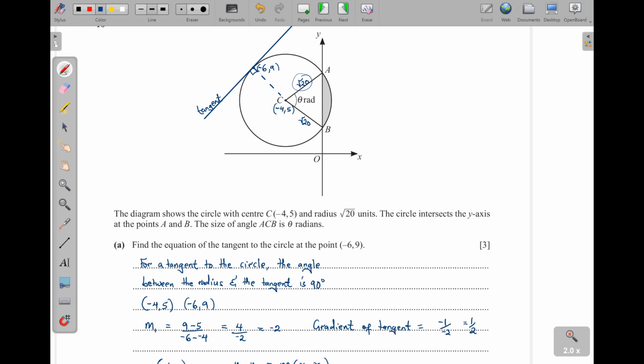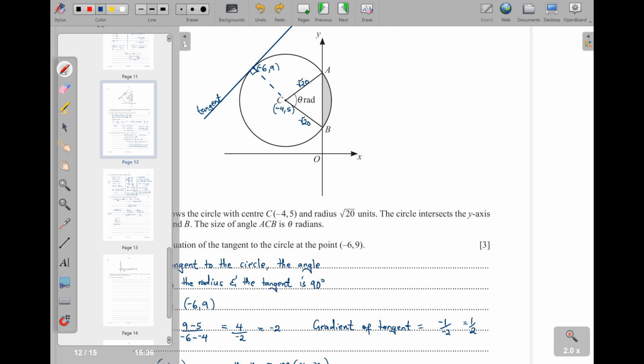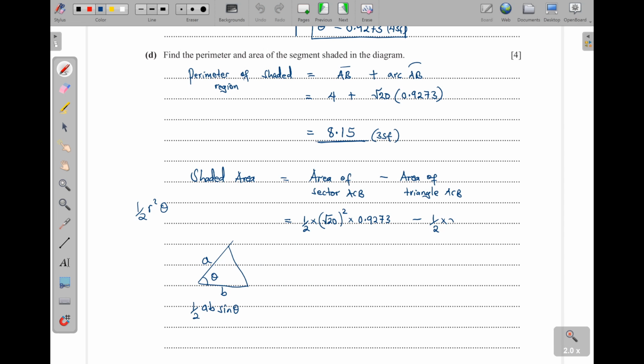So root of 20, then sine of that theta. So root of 20 times root of 20 sine theta is 0.9273. Okay.